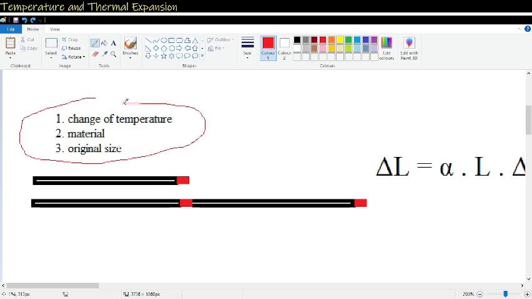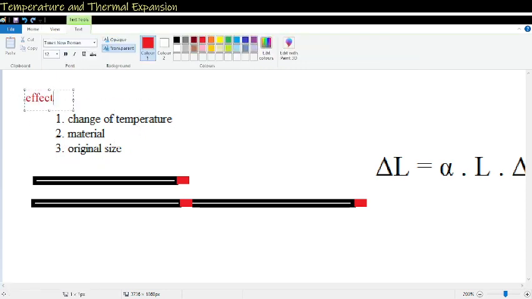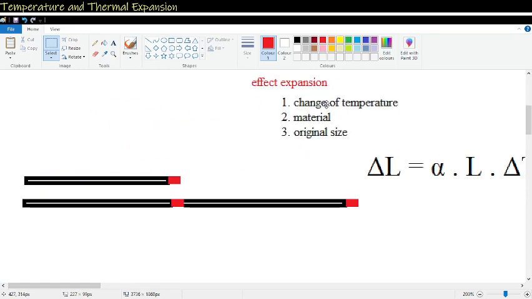And these three factors, the ones that will affect the expansion, are translated into a formula. Basically this is the same thing.